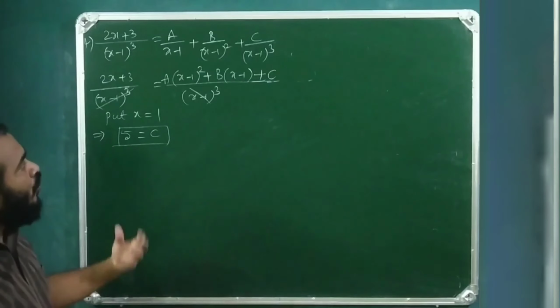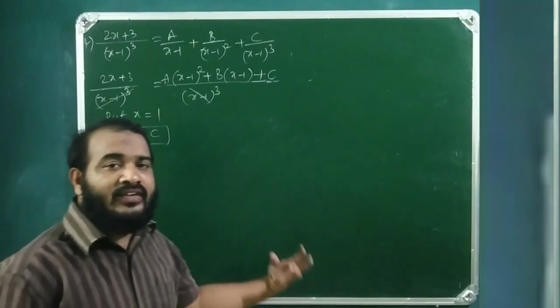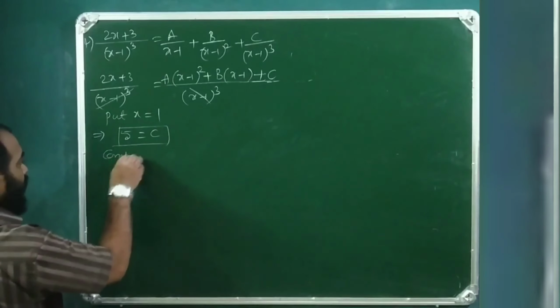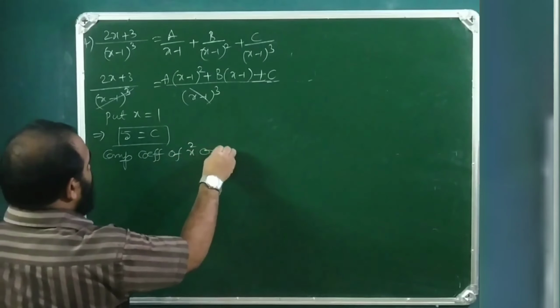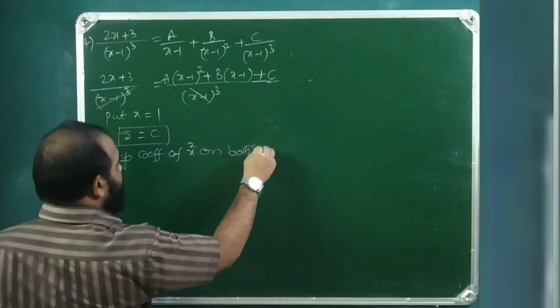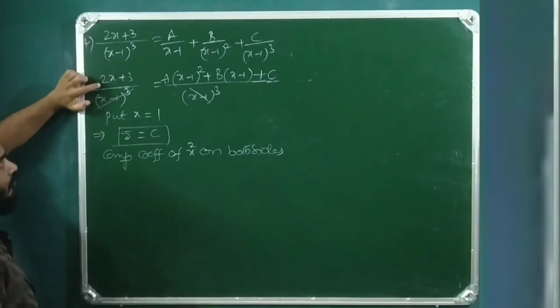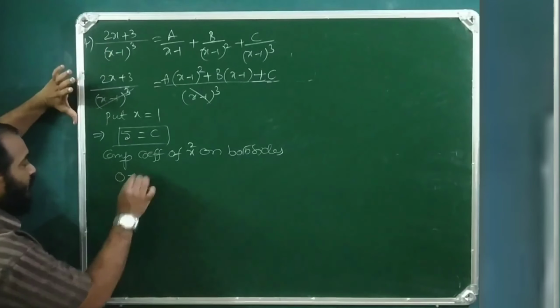Now to obtain the remaining constants, let us compare the coefficients on both the sides. Comparing the coefficient of x square on both sides. So here we don't have an x square coefficient here. We only have x and the constant here. Therefore, the x square coefficient is 0.